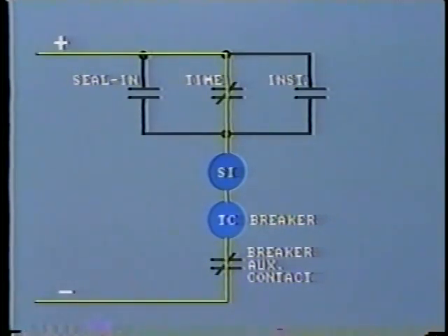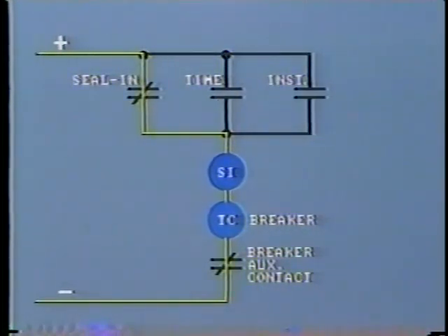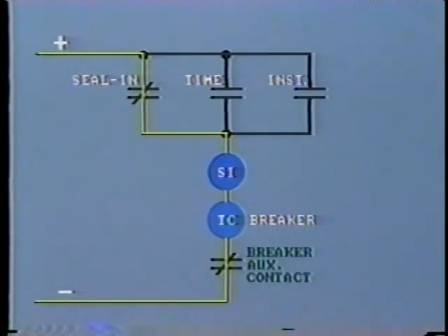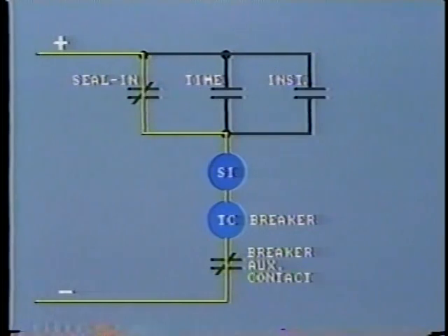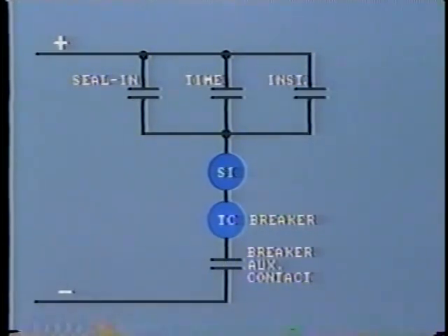When the time delay contacts touch even momentarily, the seal-in relay picks up and the circuit now remains securely closed through the seal-in contacts. Only when the breaker opens does this auxiliary contact open, thus interrupting the tripping circuit and de-energizing the seal-in relay.